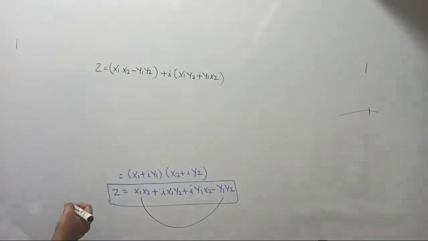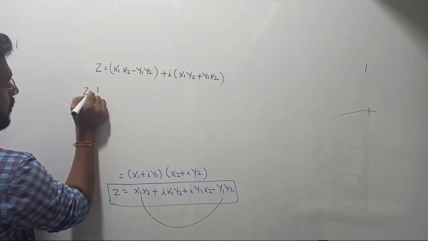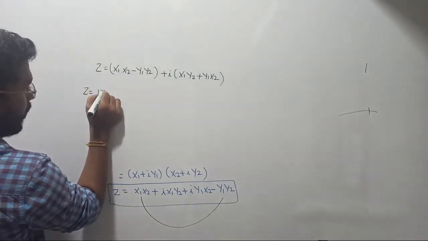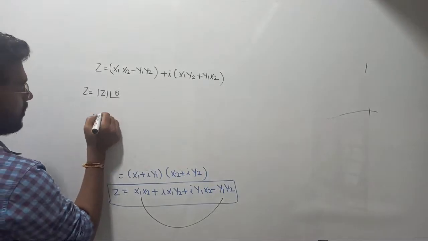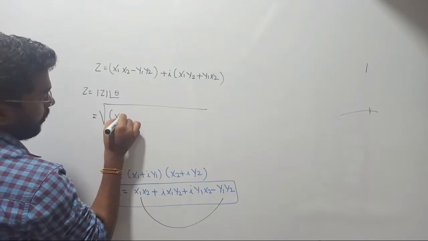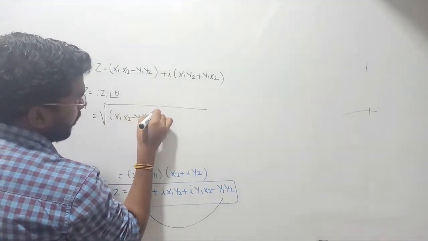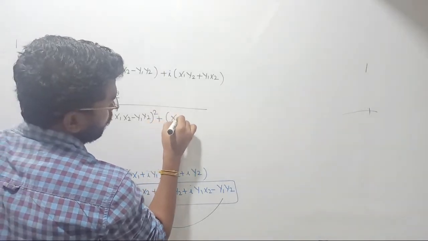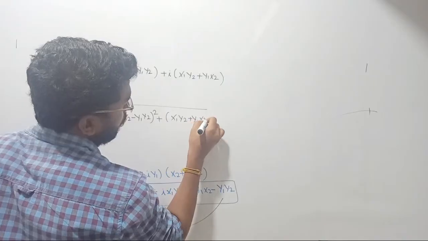Now how will you find the polar domain value? It can be written in polar coordinates as mod z at an angle of theta. Mod z is the square root of the real part squared, x1 x2 minus y1 y2 whole square, plus x1 y2 plus y1 x2 whole square.